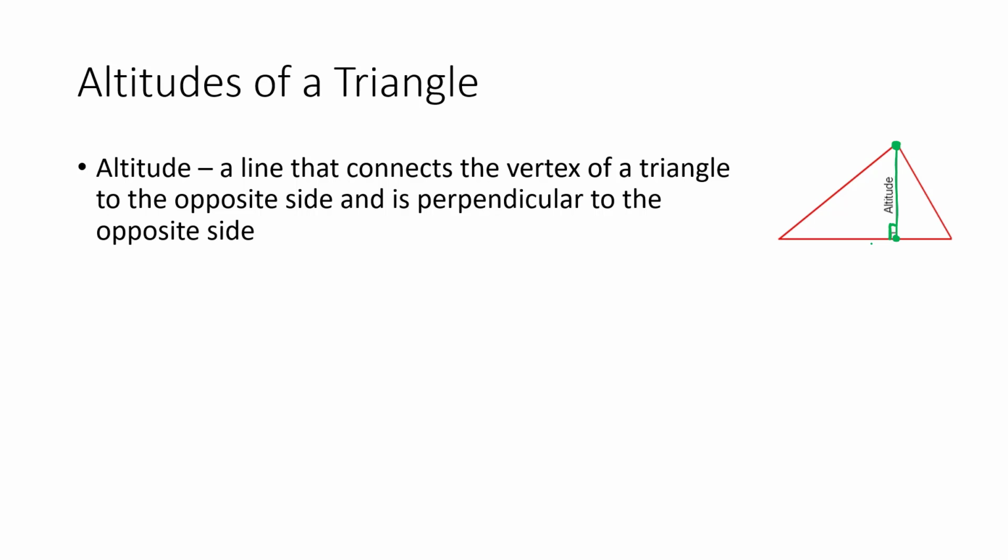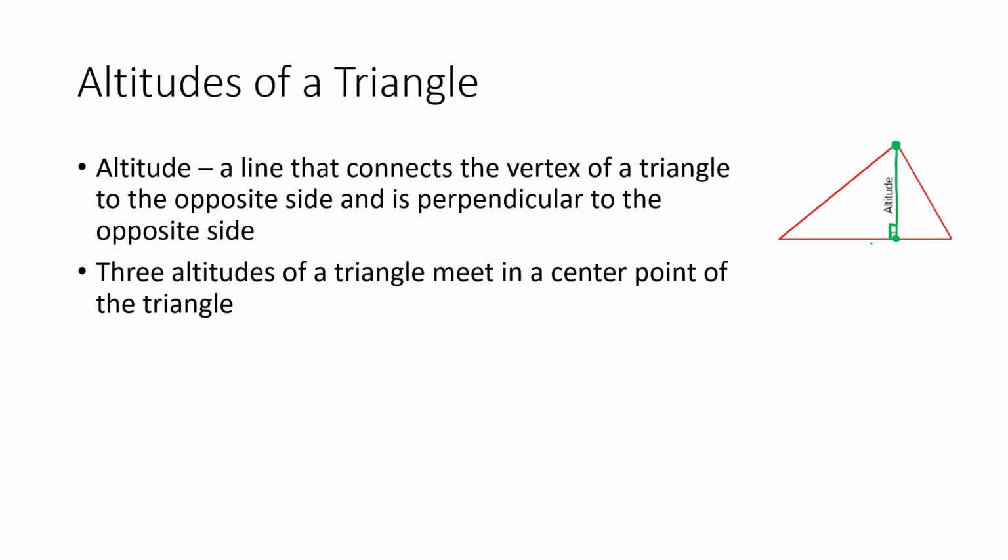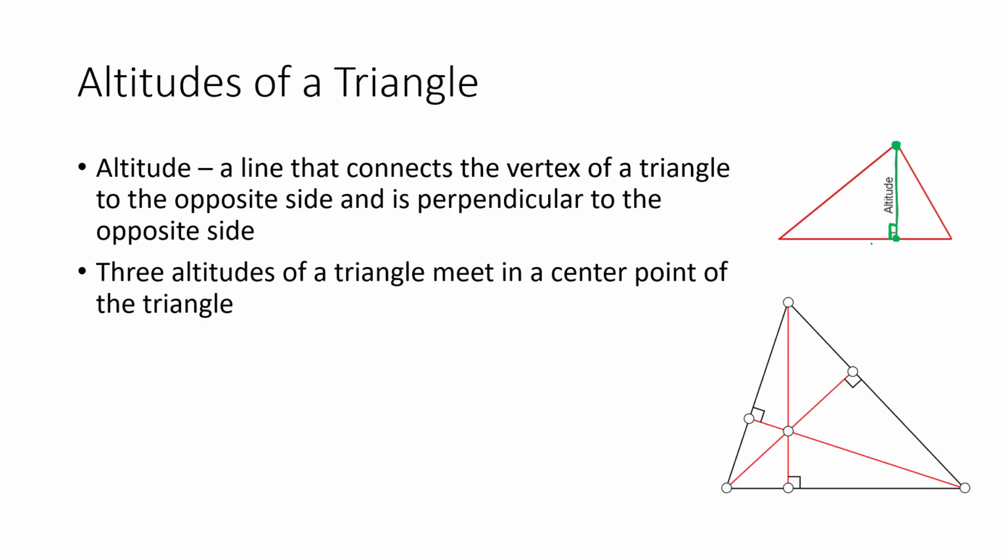This time we're not going to cut it in half. This time we're going to connect to the top point. Still be perpendicular. And as you might expect, the 3 altitudes of a triangle meet in a center point. So here's a triangle with the 3 altitudes, and sure enough, they meet in a center point, and that center point is called the orthocenter.